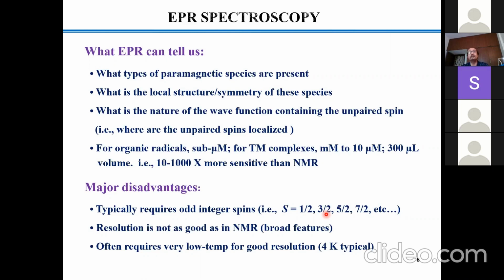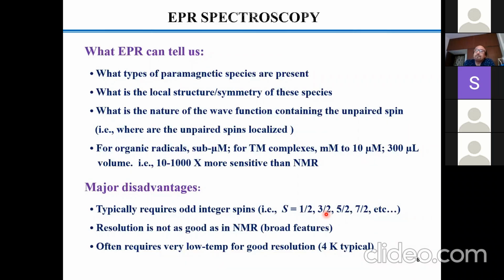Organic molecules give fantastic NMR. Even for complex metal complexes, we can get fairly good NMR spectra at room temperature. But that does not happen in the case of EPR. You have to go to very low temperature, and on many occasions even liquid nitrogen temperature, 77 K, is not enough to get the necessary resolution of the spectrum.